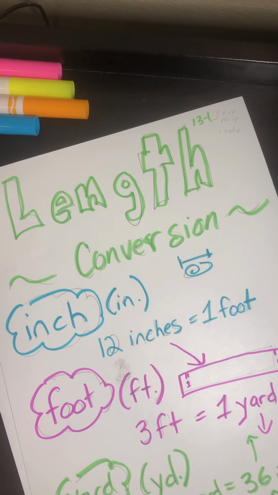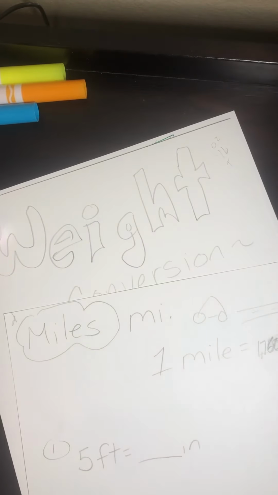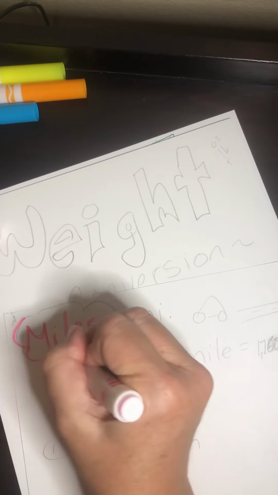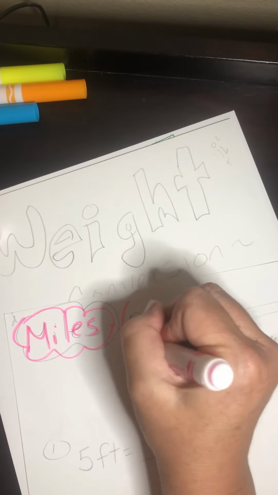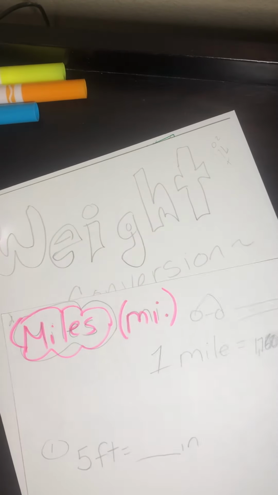And then the last part, and I apologize, I'm going to have to flip it over, would be when we're talking about miles. So with miles, the abbreviation is going to be MI period.